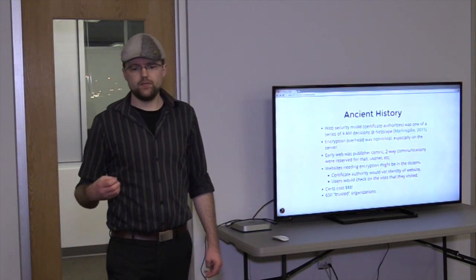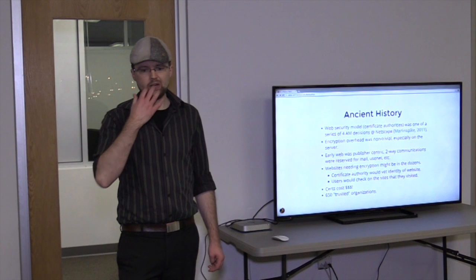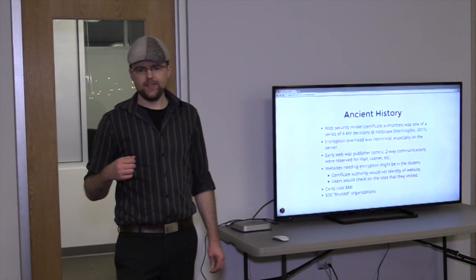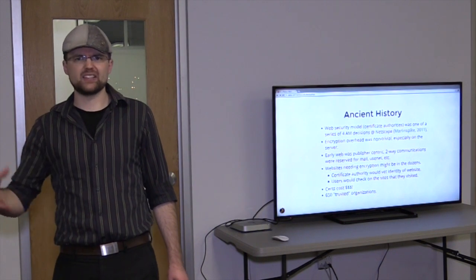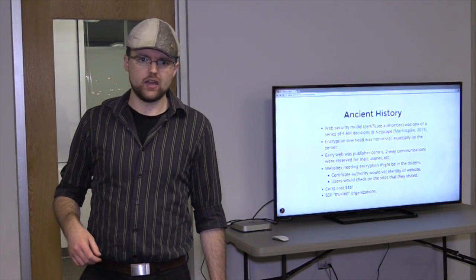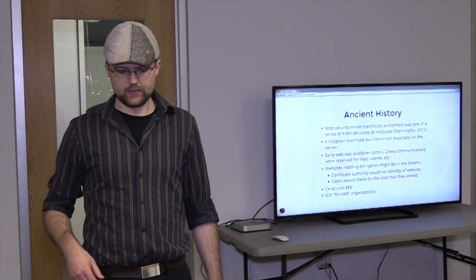There would be very few things you could log onto a website for. And they thought there might be a dozen sites or so that you would need encryption for, your banks, maybe, right? That is clearly not the case.